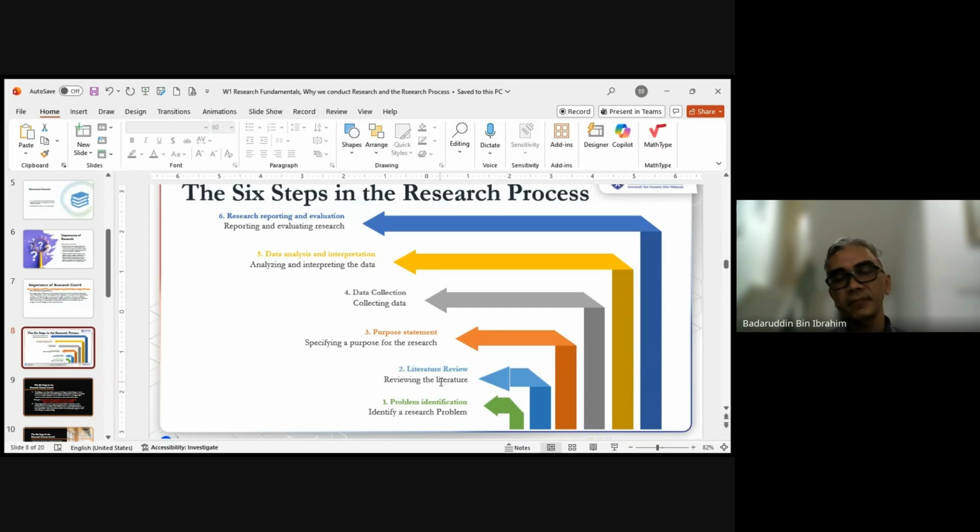For example, if you're collecting data about gender, male and female, out of 200 respondents, maybe you have 115 men and 85 women.